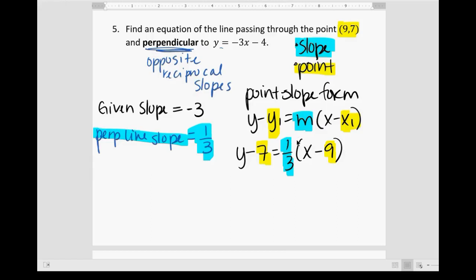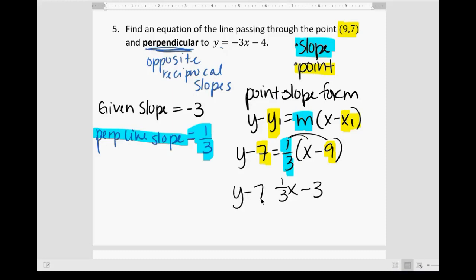So we're going to start by distributing this 1/3. So 1/3 times x is 1/3 x. 1/3 times negative 9 is negative 9 over 3, which would be negative 3.